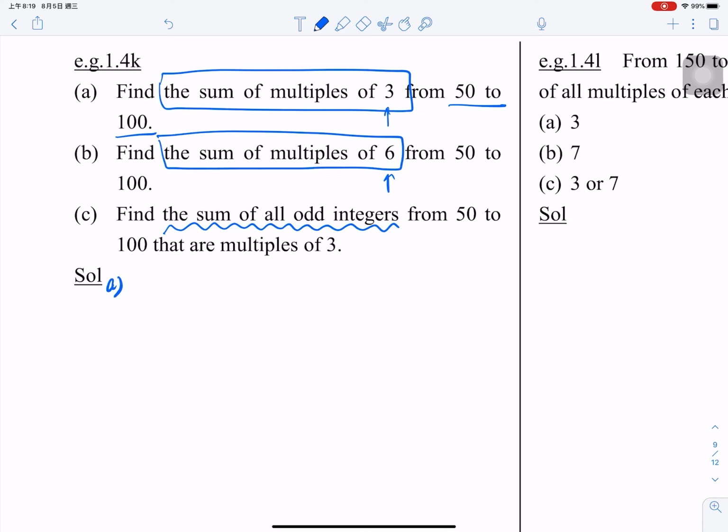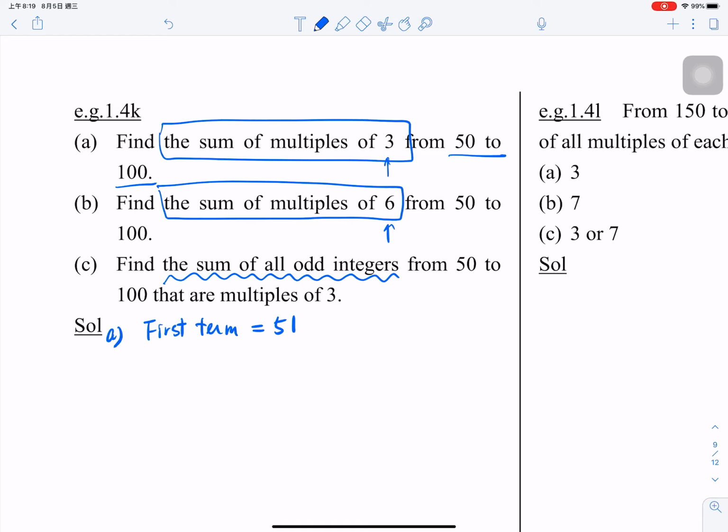Part A. Multiple of 3, that means here you can think of it as a series, an arithmetic sequence with the common difference of 3. What is the first term? Yeah, the first term is 51 because 51 can be divided by 3.